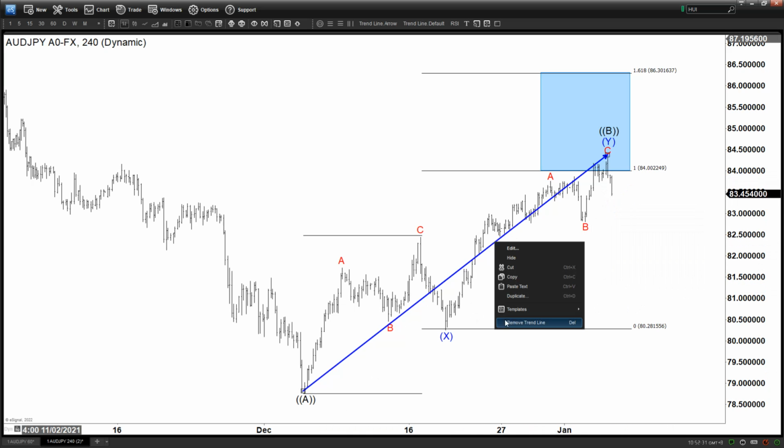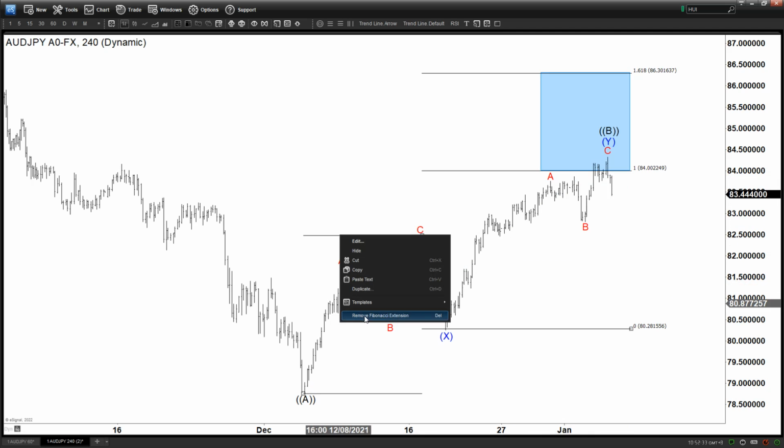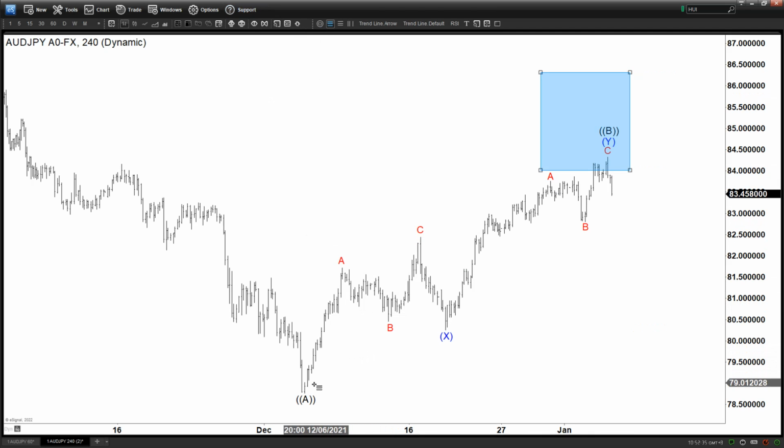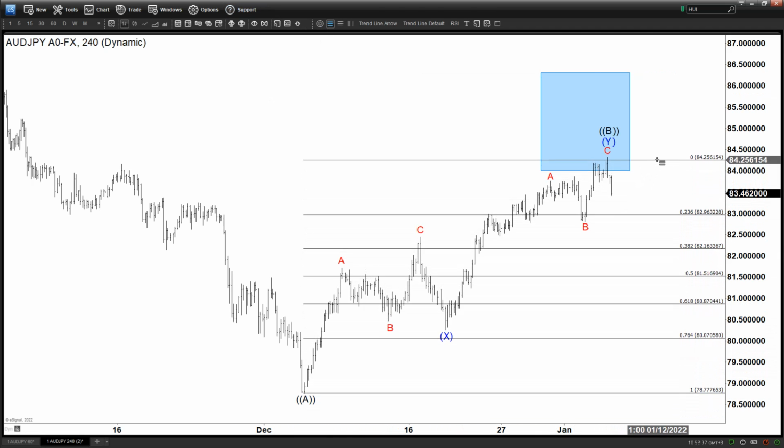Perhaps if you just use a retracement analysis, then probably we can get to the 50% retracement, 81.5 for example, 80.8 or 80.9.